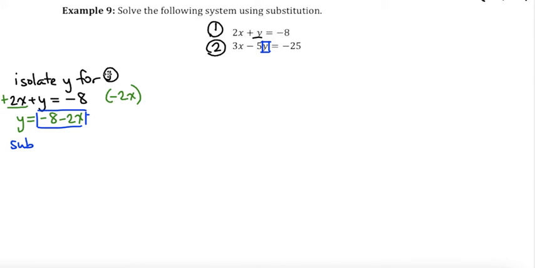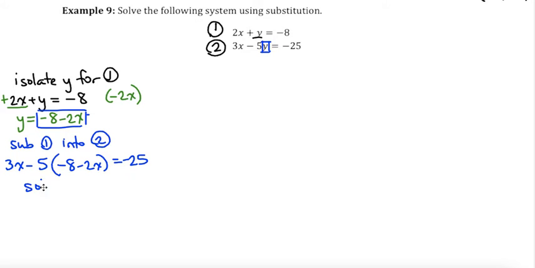So I'm subbing my new equation 1 into equation number 2. I start by writing my equation number 2, 3x minus 5. When I get to y, I put a set of brackets. Inside of that bracket, I'm writing the expression for y that I solved for in that first step. So negative 8 minus 2x. Close that bracket, and that's equal to negative 25.